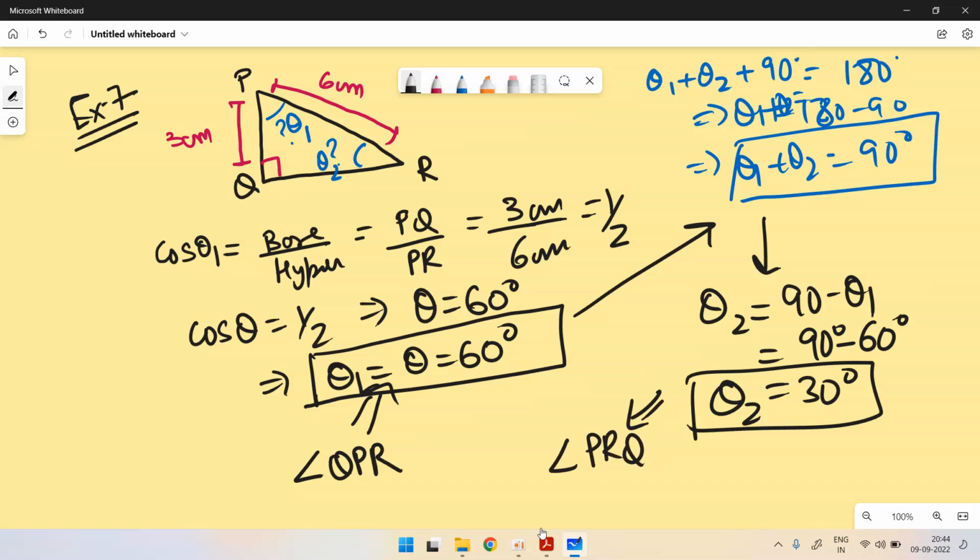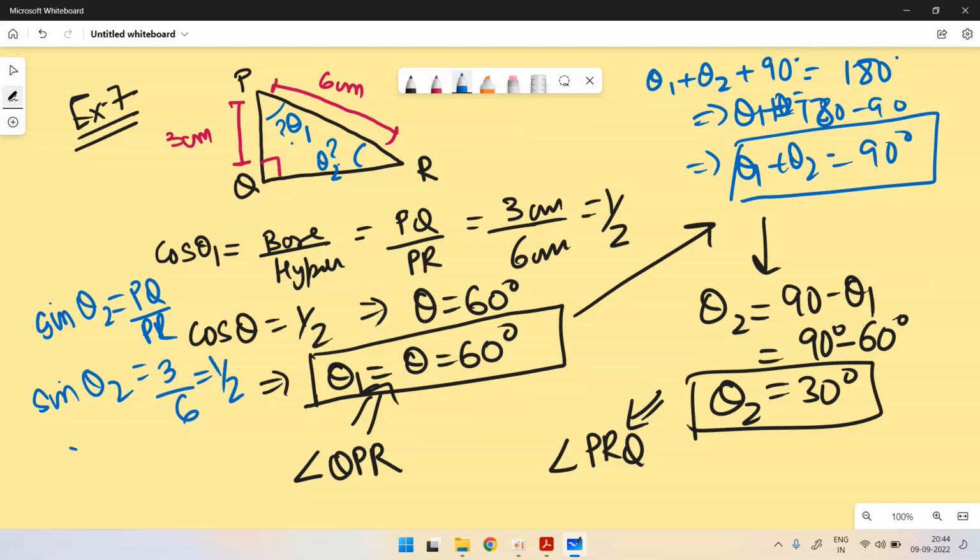Alternatively, you can also do this: for theta 2, PQ is the perpendicular, and PR is the hypotenuse. Now you can write that sine theta 2 is equal to PQ by PR. So sine of theta 2 is 3 centimeters by 6 centimeters, which is half.